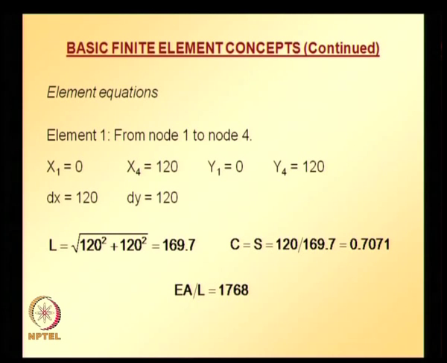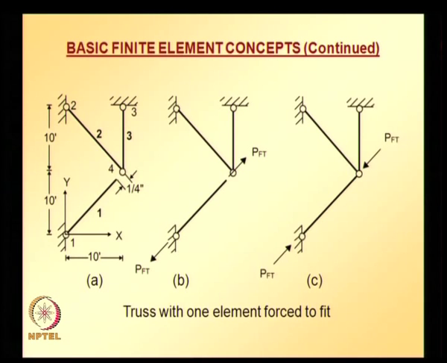So, to have a better idea, let us go back to the figure and see. If you see figure A, there member element 1 is connecting nodes 1 to 4. So, just now we calculated the corresponding direction cosine values for that element. Similarly, element 2 is going from node 2 to node 4, and element 3 is going from node 3 to node 4. So, we can calculate for those also in a similar manner, and the global x coordinate and y coordinate are defined at node 1.